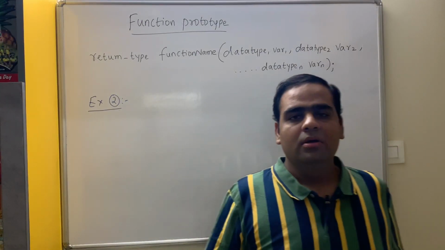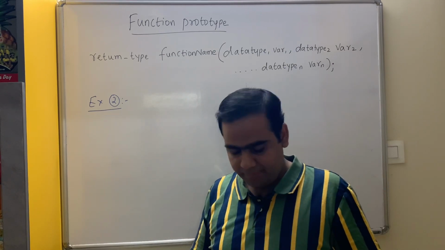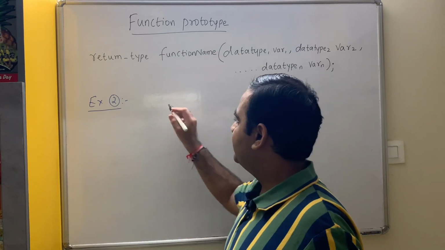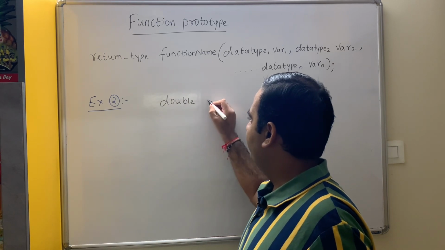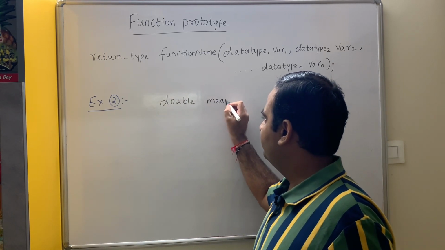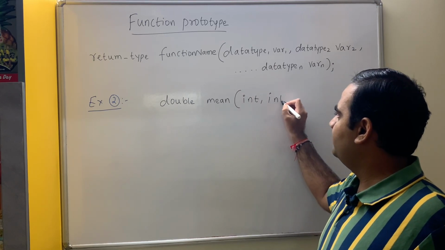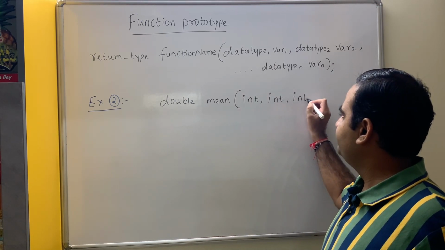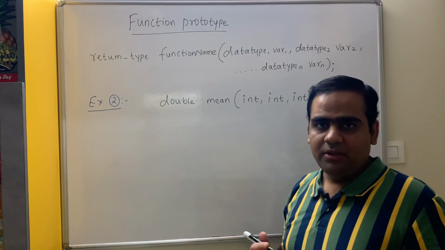Thank you. Let's take the second example for the function prototype. If we write double mean (int, int, int); and the semicolon at the end is mandatory. What does it mean?